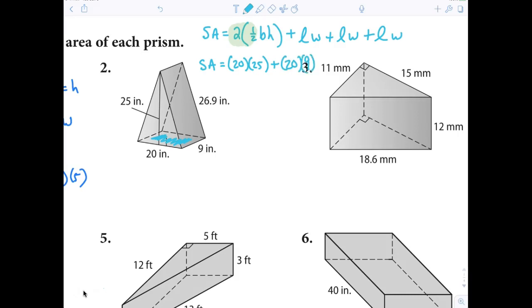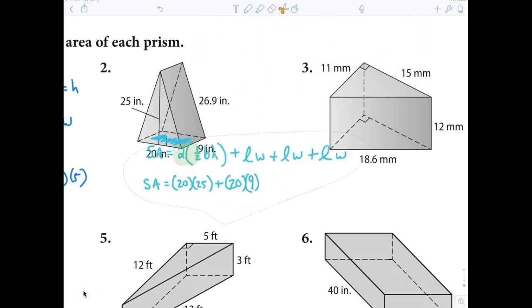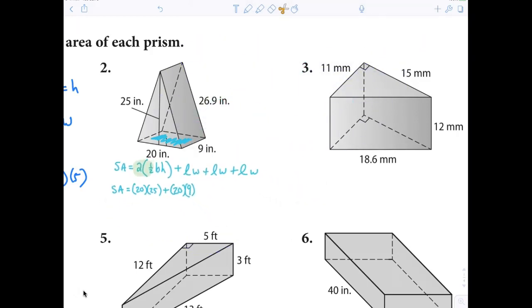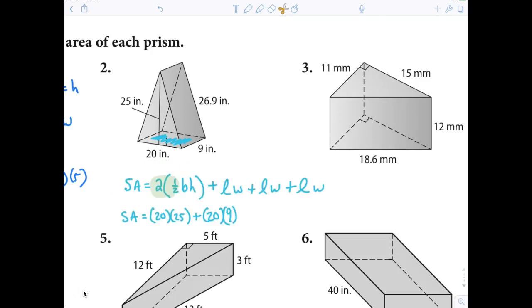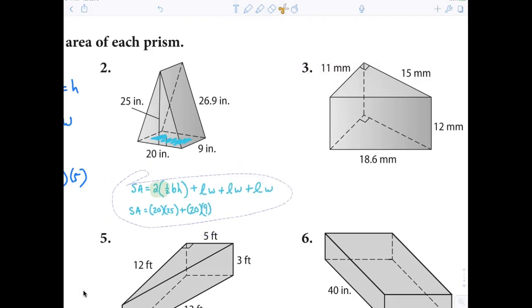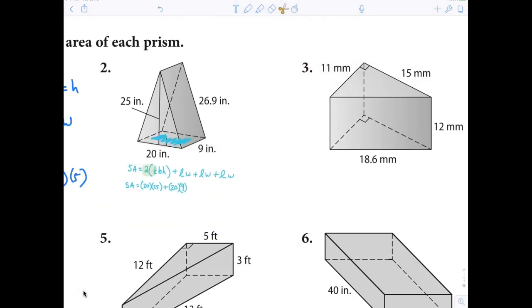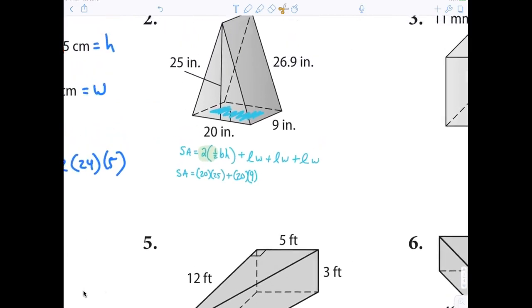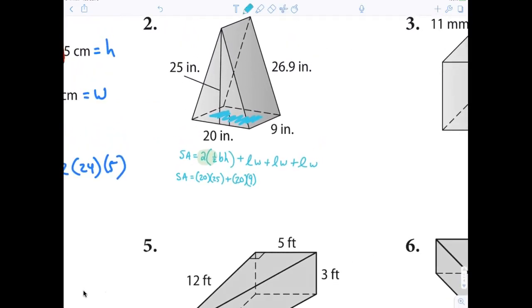All right, now what I'm going to do is pull this over so everybody can see it. Where's the half go? 2 times 1/2.